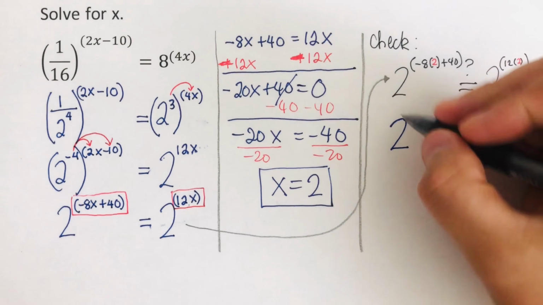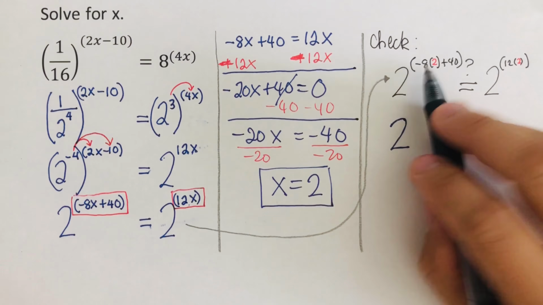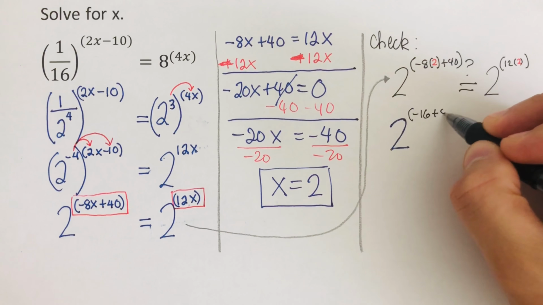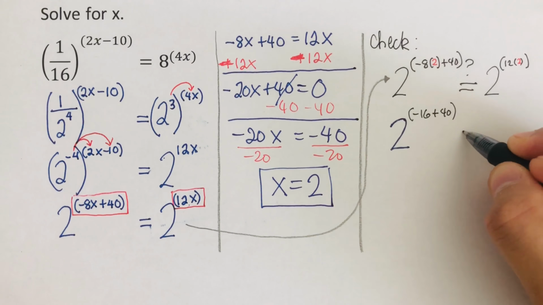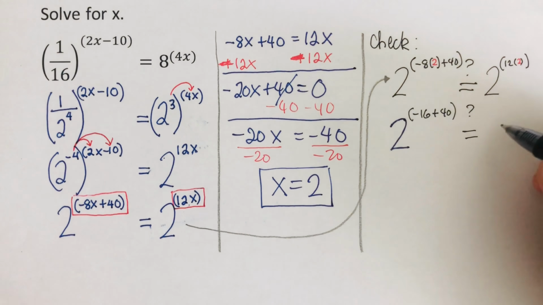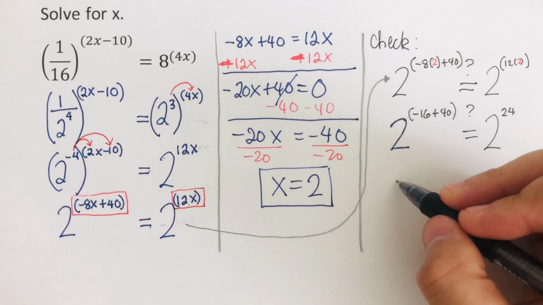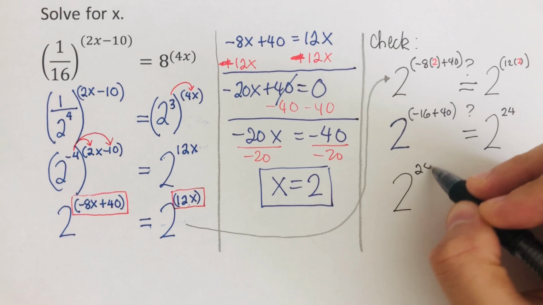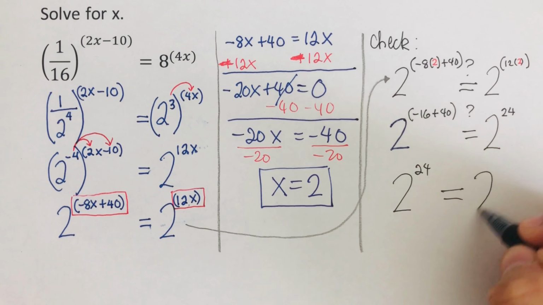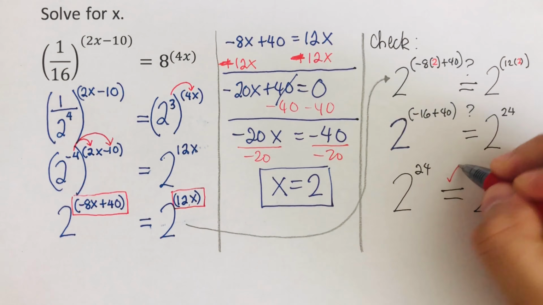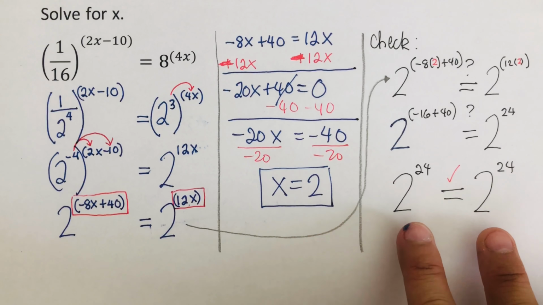This is going to be 2 to the power negative 16 plus 40. And then we're checking if that is equal to 2 to the power 24. So negative 16 plus 40 is 24. And that is equal to 2 to the power 24. So both of these two sides right here are equal to each other.